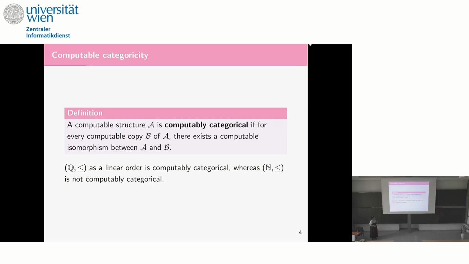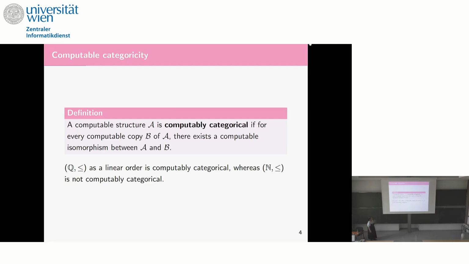Well, you can think about building a copy of the natural numbers, but you diagonalize against any computable function and prevent it from being a computable isomorphism. Of course, there are a lot of different examples of things that are computably categorical and things that are not, but those are the examples I want to give you for now.